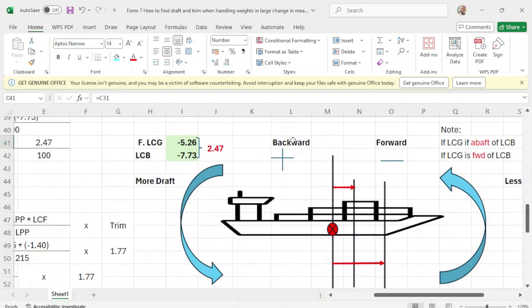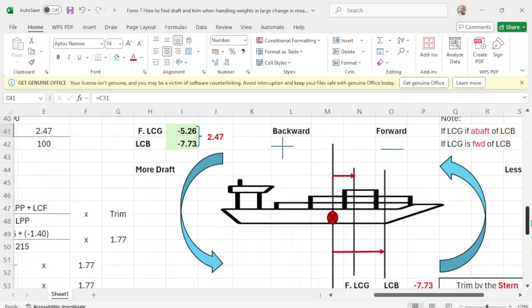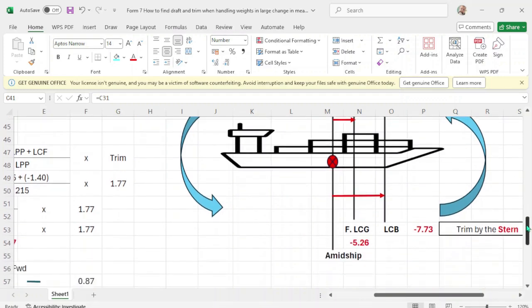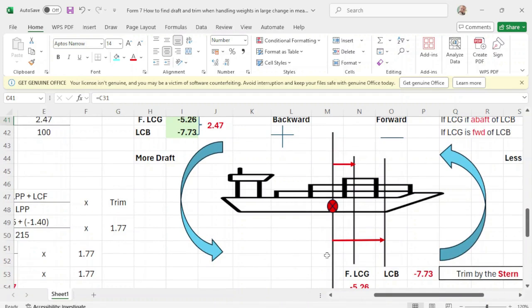When positive, you are in the aft or back part of the vessel from the amidship. Okay, and your LCB is negative 7.73. Your LCB is from amidship, measured forward of negative 7.73, and you have this line.